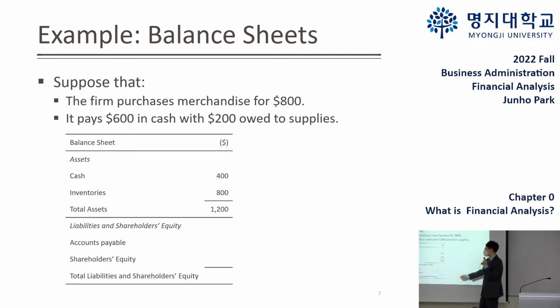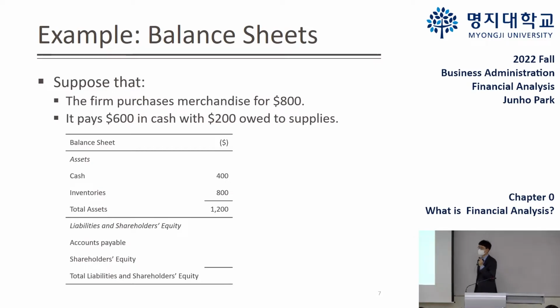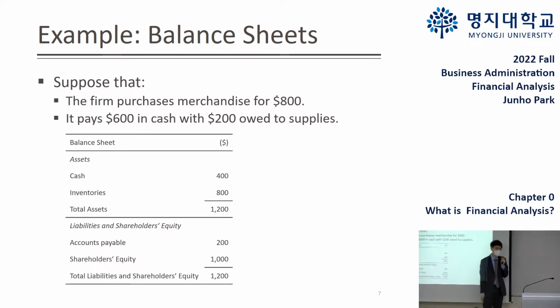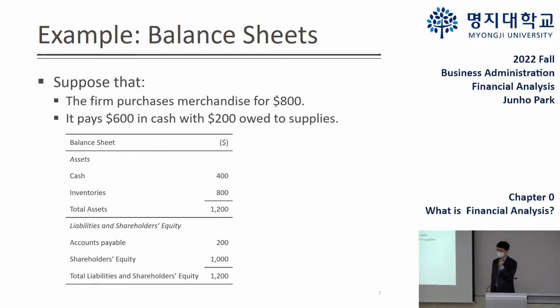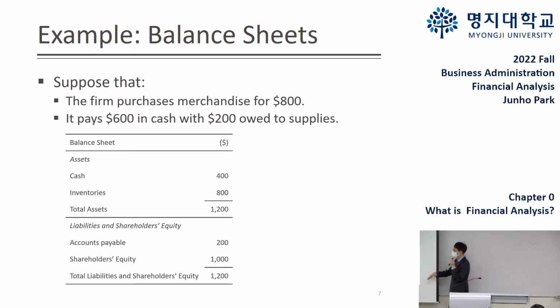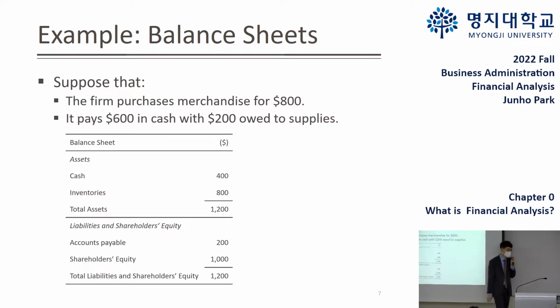Then what happened to the other side? On the right side, you have liabilities right now. Because you are owing $200, the suppliers can take $200 when the due date comes. So we call it accounts payable. So you have $200 accounts payable, which is the only liability you have right now. But there's no change in the fact that you put $1,000 at the beginning, so the shareholders' equity is still $1,000.